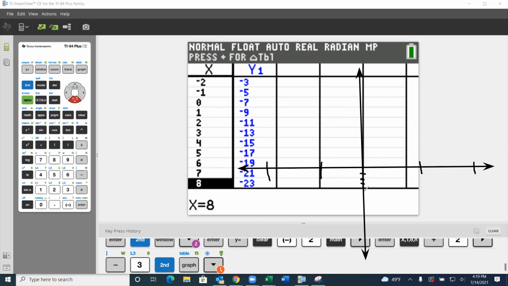Oh, didn't do that very good. 4, 5. Let me use my pen. 6, 7, 8, 9, 10, 11. Okay, so that bottom one is -11, and I'm interested in that because out of all the y values in there, that's the smallest of them all.